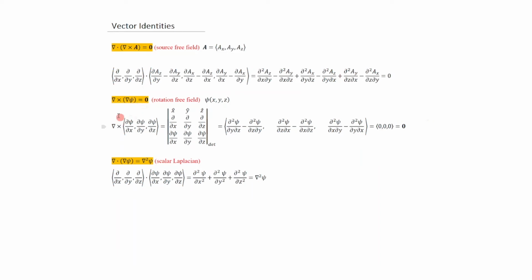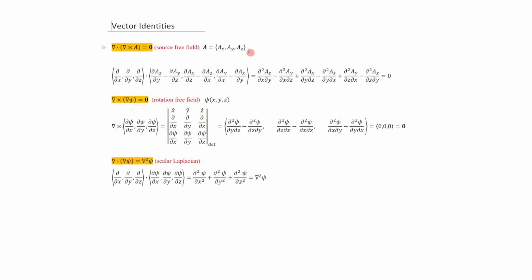And so we said that essentially any irrotational field can be represented by a vector field which is related to grad psi, and any source-free field could be represented by a vector which had the form of del cross A, where this A we called a vector potential, and it had, of course, x, y, and z components.